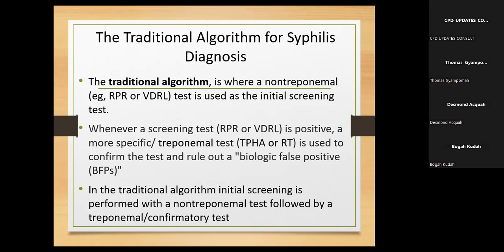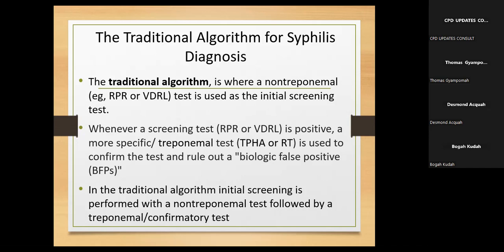Good. So for the traditional algorithm, you do your RPR first. And if it is positive, you go ahead and do the RT. This is to confirm the test and also to rule out biological false positives, the BFPs. In the traditional algorithm, initial screening is performed with a non-treponemal test followed by a treponemal test.